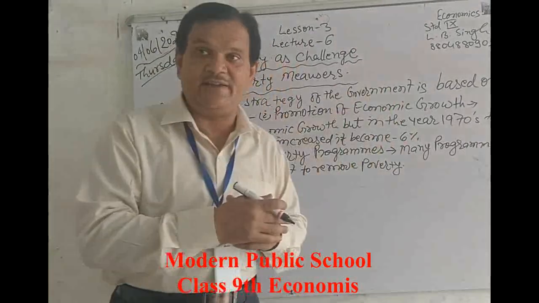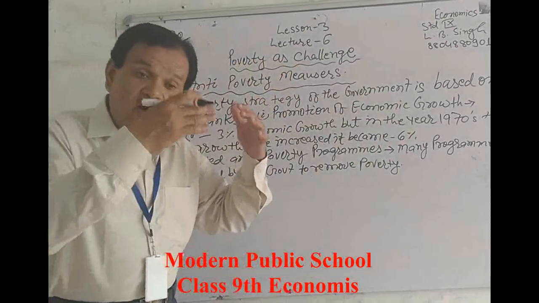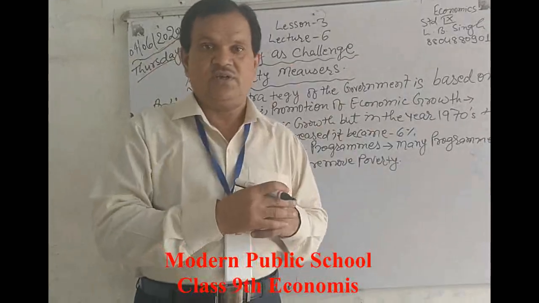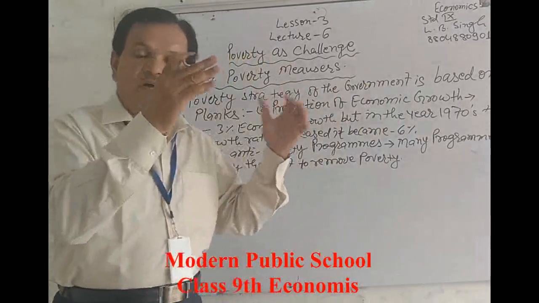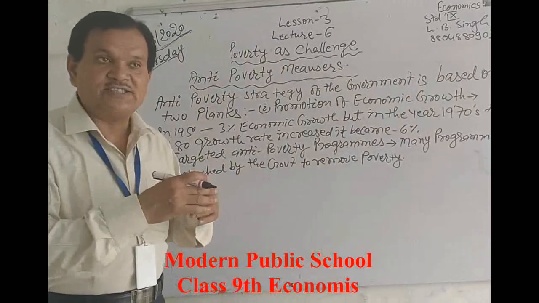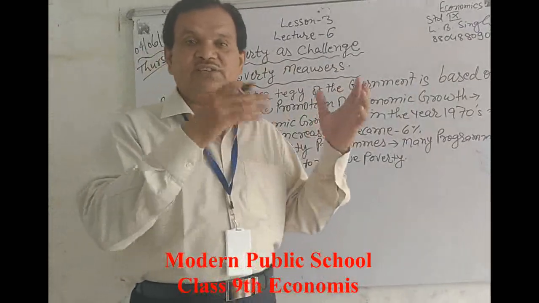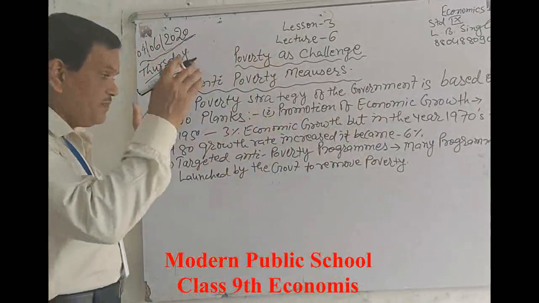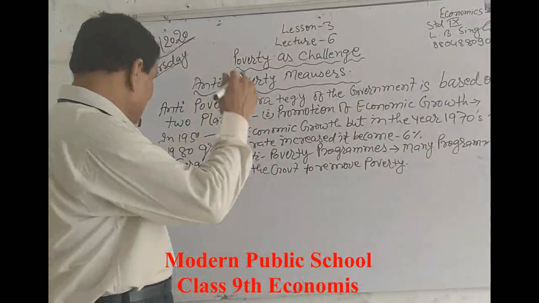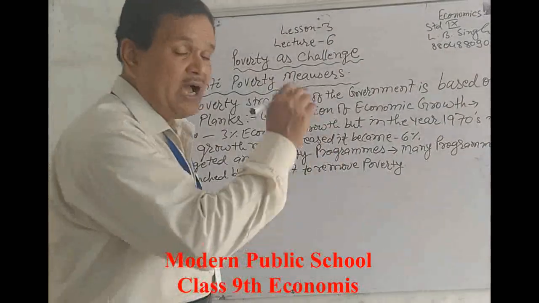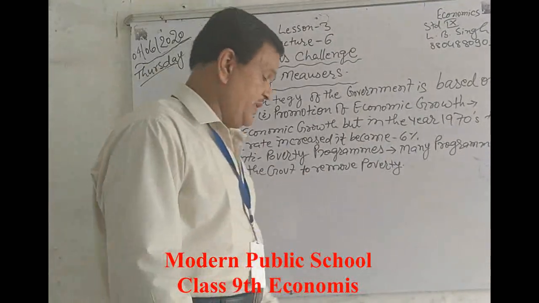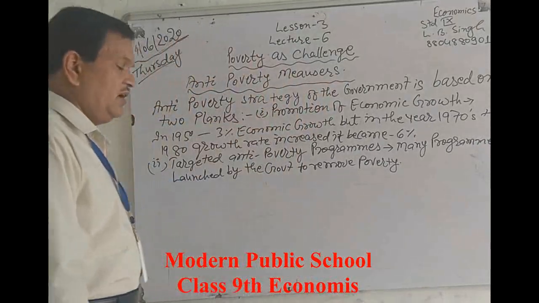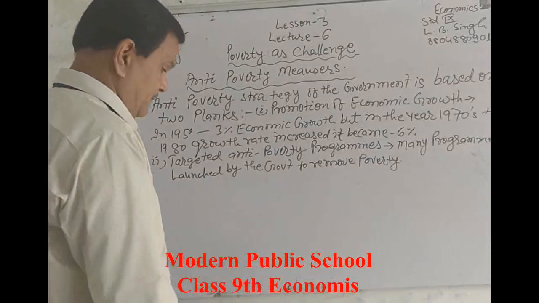Do you know this thing? There are a large number of poor people living in villages. So the government of India was paying attention towards the village area to improve the condition of poor people. In that situation, we have to study how many programs were started by the government of India.